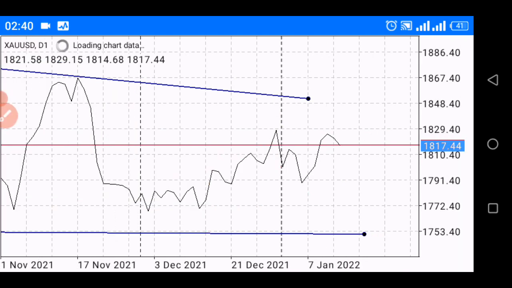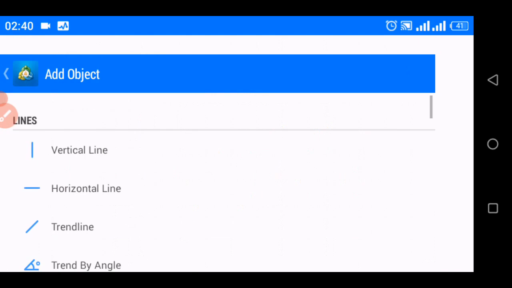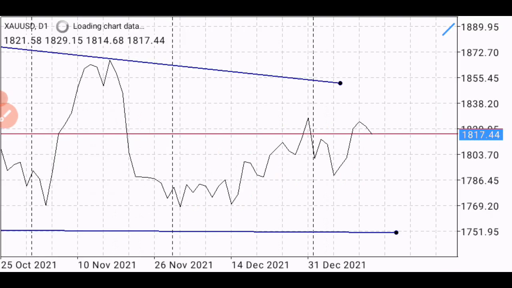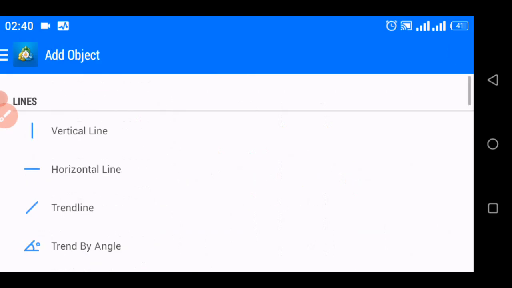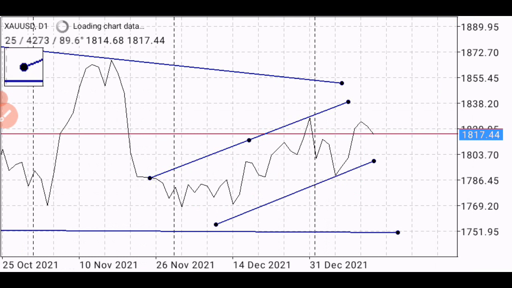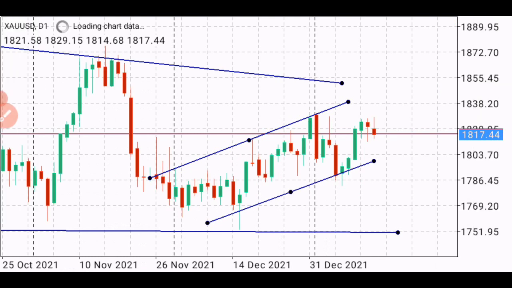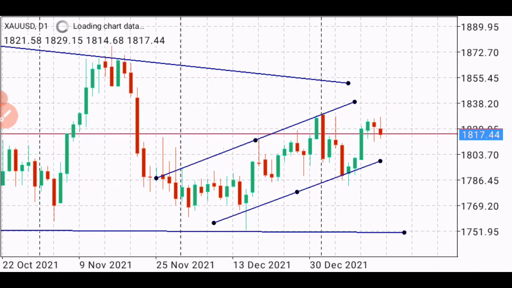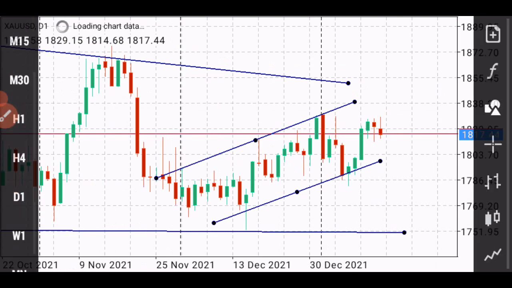Look at the structure here, and what we're seeing here is this. Yes, let's go to 4 hours and look at this structure.